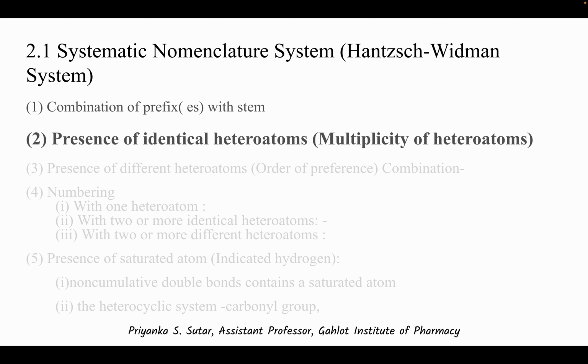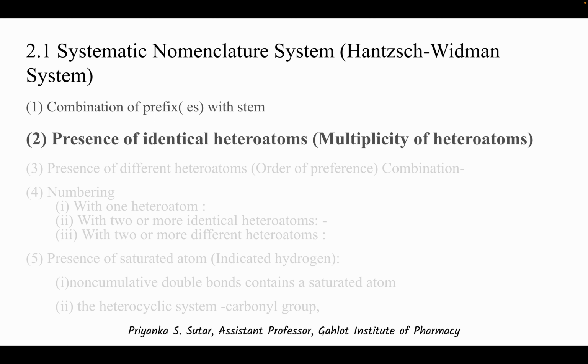Now moving on to the second rule, the presence of identical heteroatoms, that is, multiplicity of heteroatoms. The first rule tells you about the ring size and the prefix, and that is specifically applicable to one heteroatom.